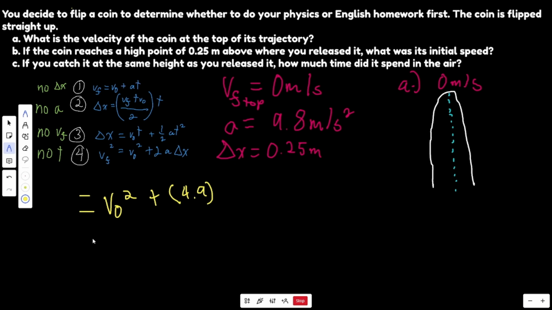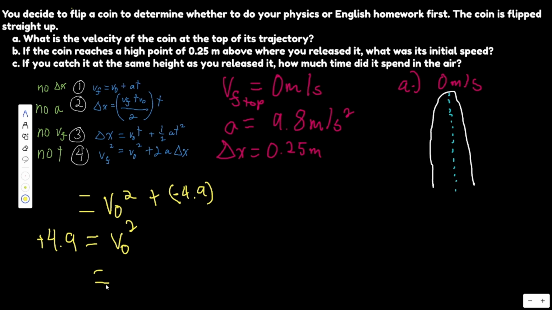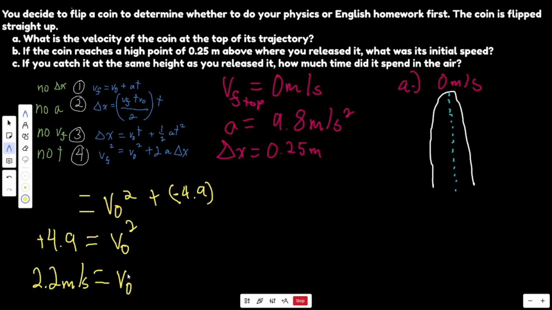Okay, so now we're going to have initial velocity squared is equal to negative 4.9. And oh wait, sorry, this is supposed to be negative, so this becomes a positive. Okay, so now we just have to get the square root. The square root of 4.9 is 2.21359436, or in other words, since we have a max of 2 significant figures here, we'll just round it off to 2.2 meters per second.